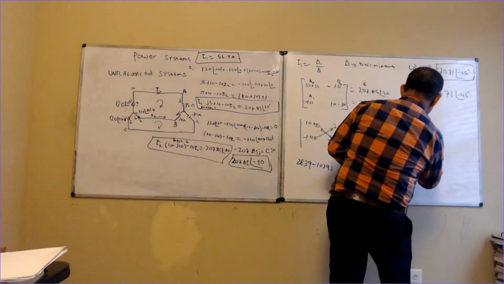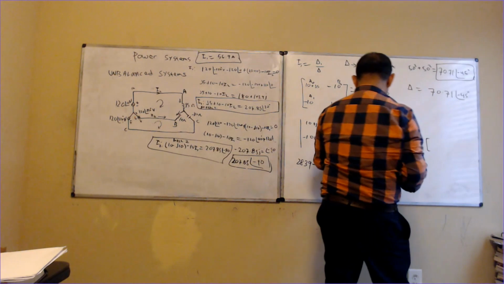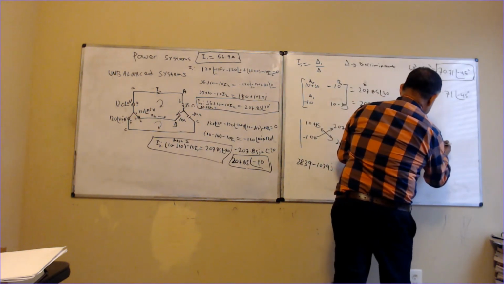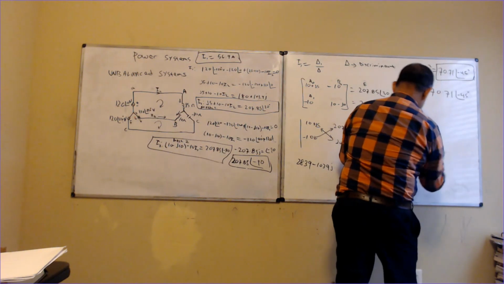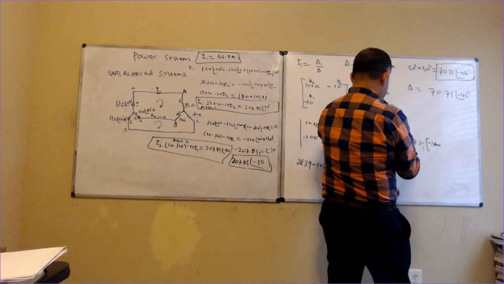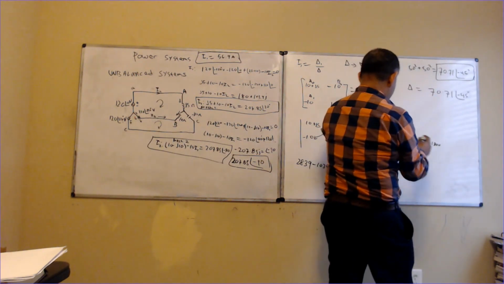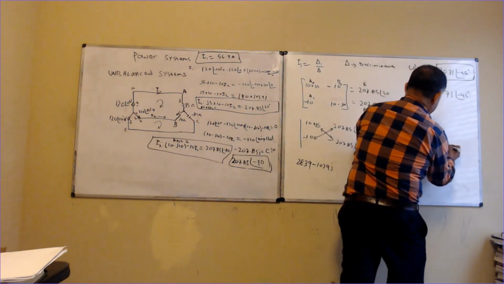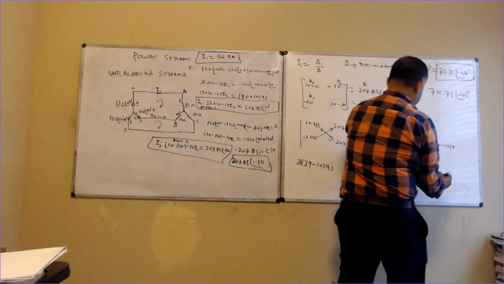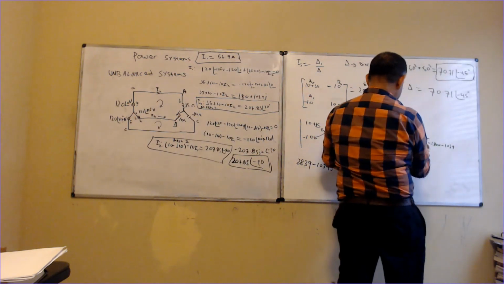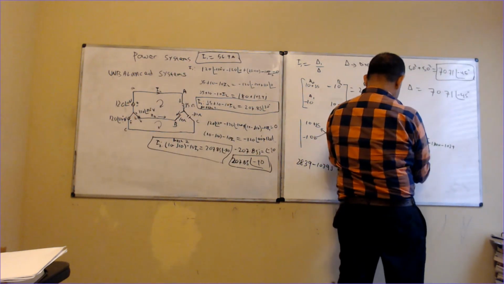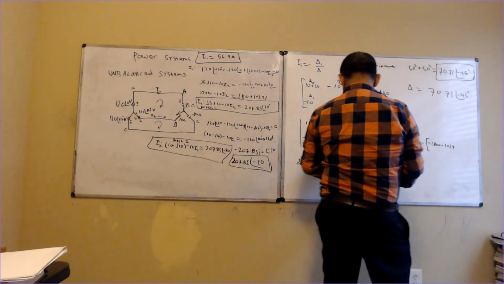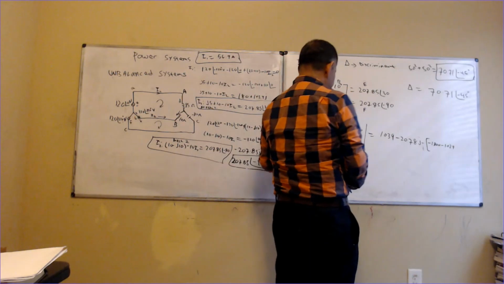So if I do that, this is going to be equal to negative 1800 plus negative 1029, right? Negative 1029. So now, when we do that, right?